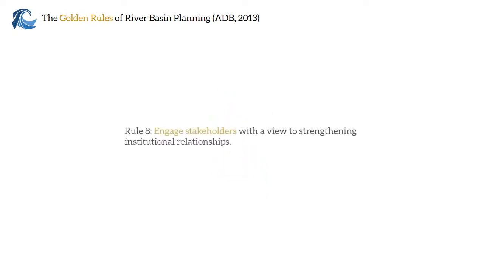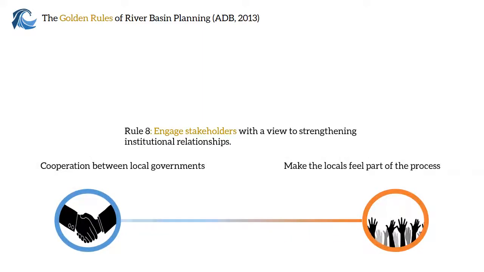Number 8, engage stakeholders with a view to strengthening institutional relationships. So there has to be cooperation between local governments, and secondly, we have to make the locals feel part of the process. Because first of all, if we're talking about cooperation between local governments, we have to understand that these different municipalities or provinces that are under a single river basin, if they don't work together, then you're never gonna get a well implemented plan.